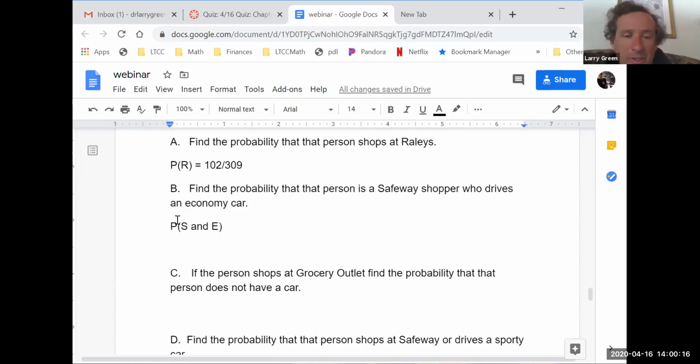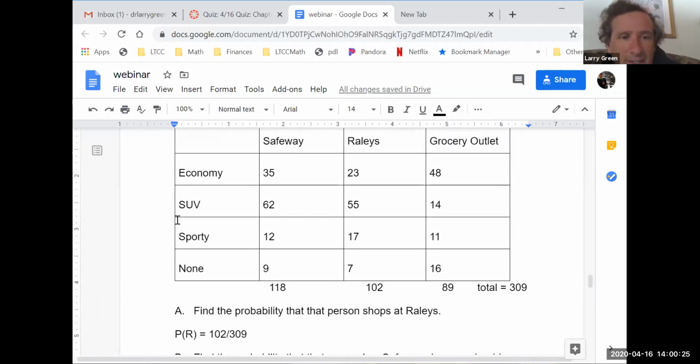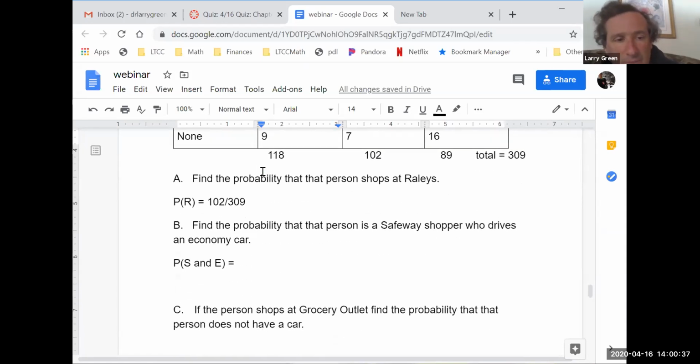If both have to be true, and we're not told something, then it's an and problem. So now what we do, it's very easy. We go to the table and we say there were 35 people that shop at Safeway and drive an economy car. So the answer is just 35. There's no given, so the denominator is always going to be the total, 309. Do I make it easy? Did I make it look easy at least?